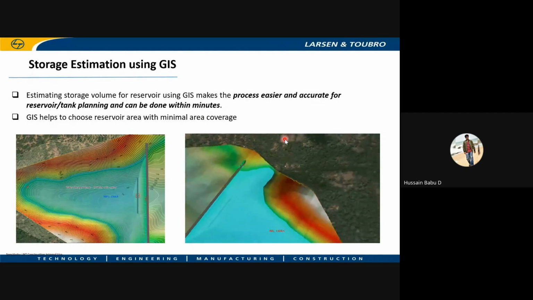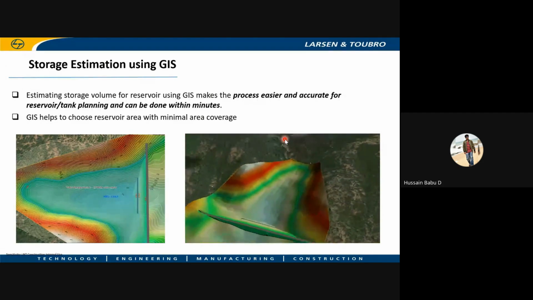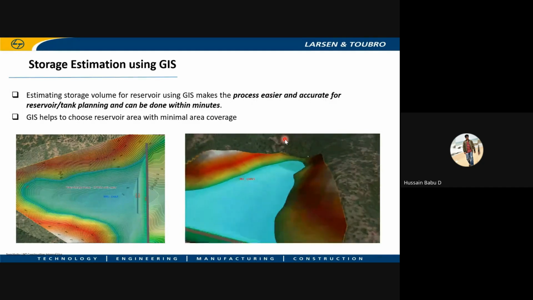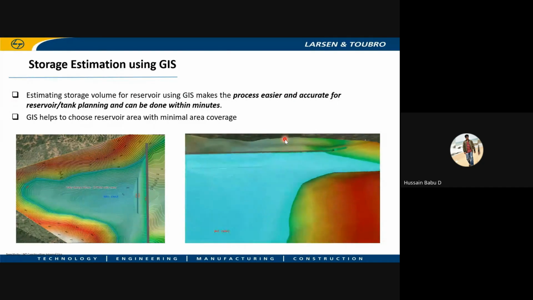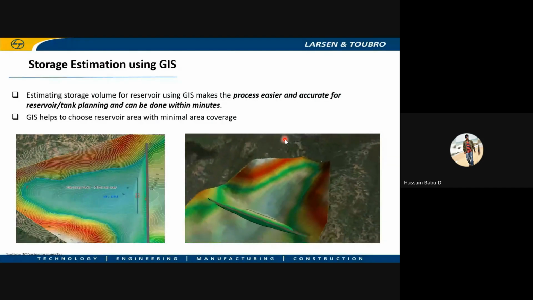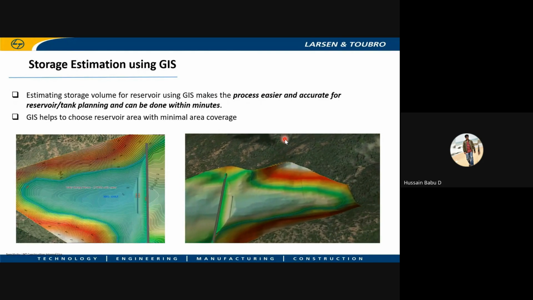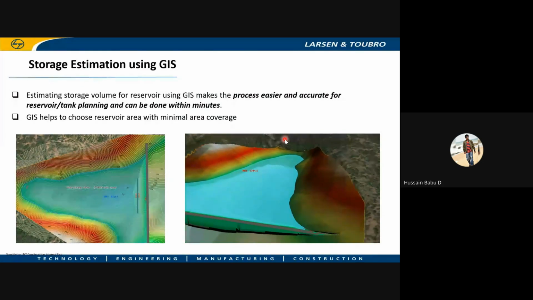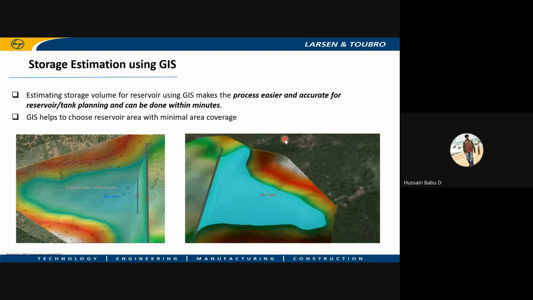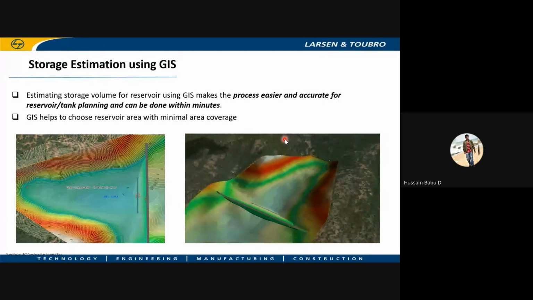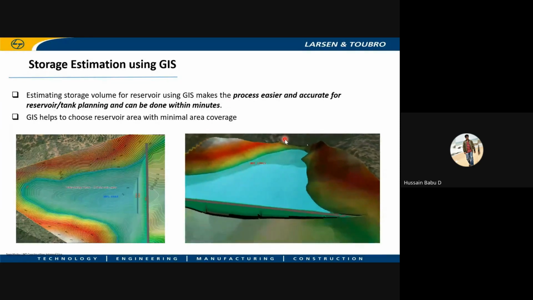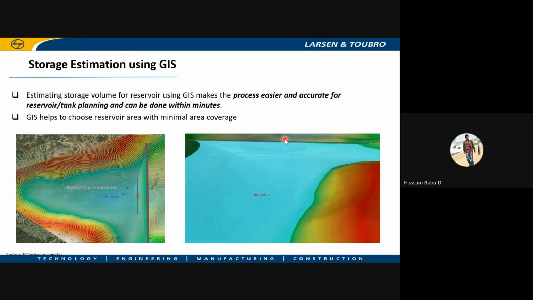For dam construction, to estimate the storage, how much bund is required, what the height of the bund should be, and how much cutting and filling is required for the bund construction to have the required capacity, we are fully automating this analysis through GIS platforms, so that we can get minimal cutting and filling quantity and still achieve the required volume. So these optimizations we are doing with GIS, and we are using them for our dam construction projects.